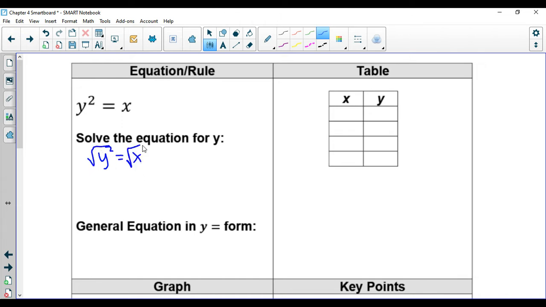Now remember, when we write that square root symbol, we are always going to get two answers, plus or minus. So this is similar to our square root parent graph, but it is plus or minus the square root. So it is an additional layer to it, which we will see coming up.